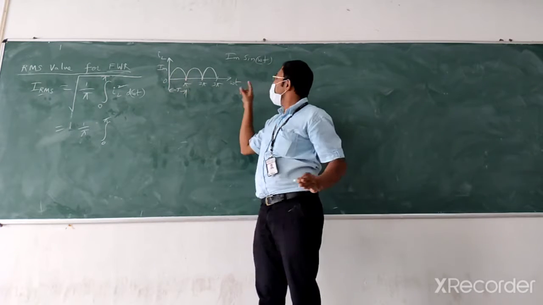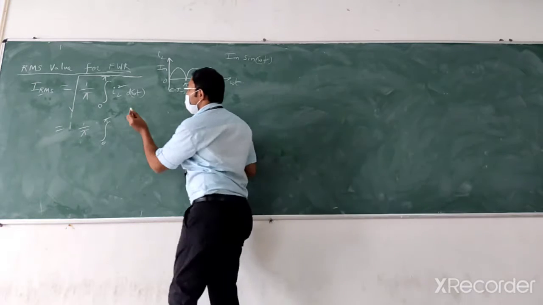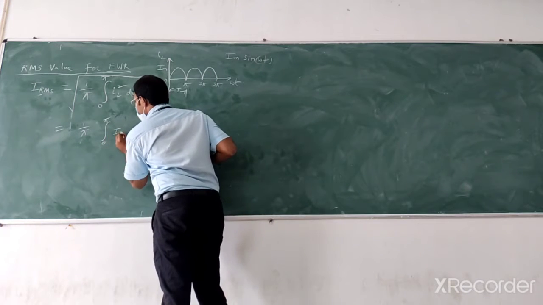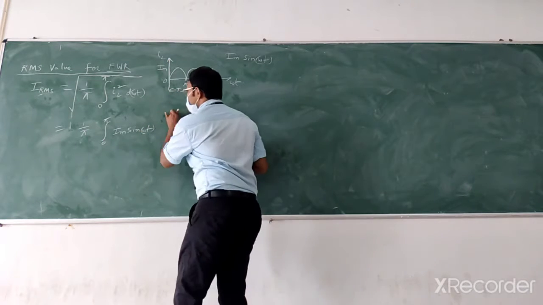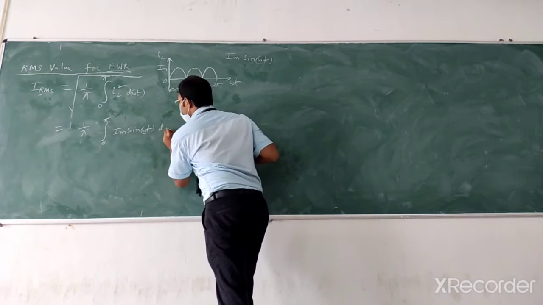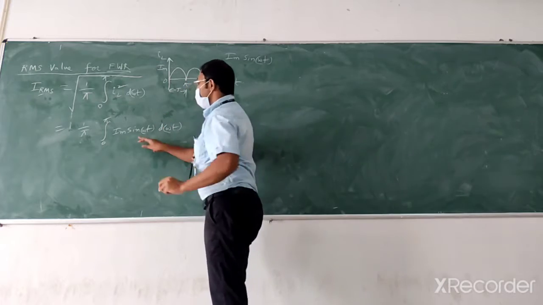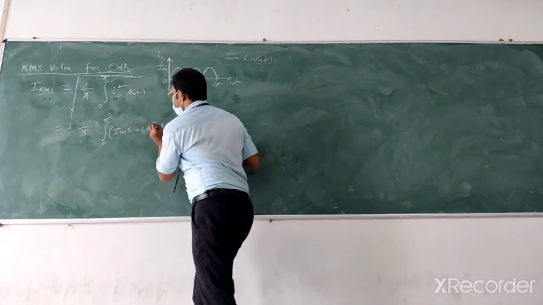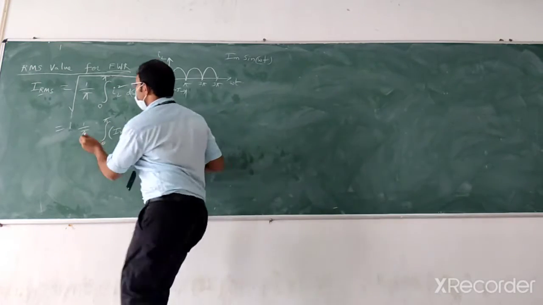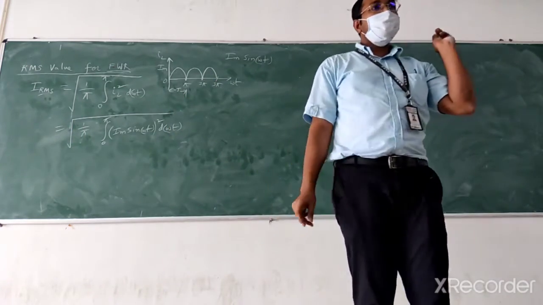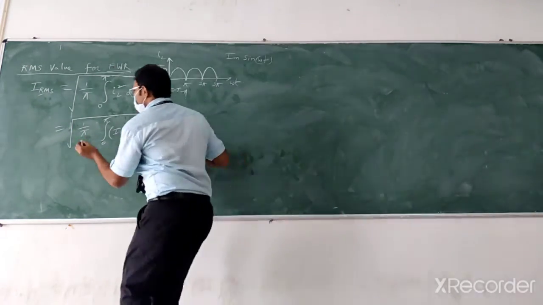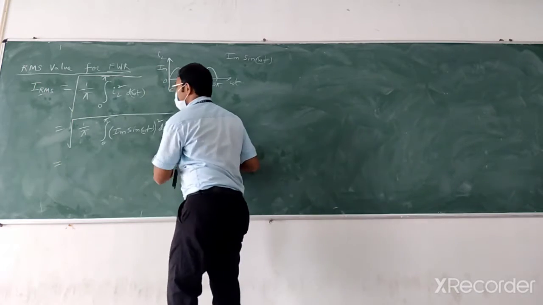So it will be Im sine omega t, d omega t, whole square.